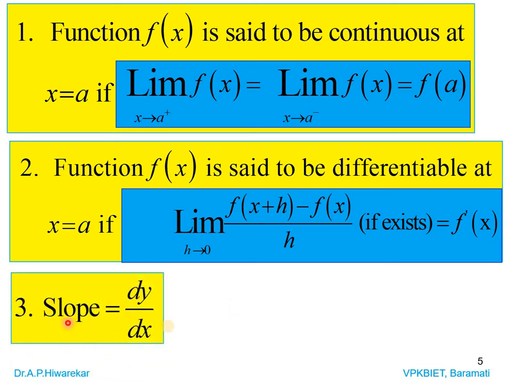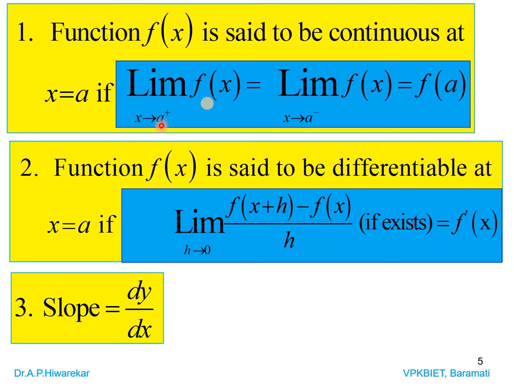And we know this very standard result: the slope of a function y equal to f(x) is given by dy by dx. This result also we are going to apply. So there are three standard results you need to remember. First is continuity, meaning the left hand limit of the function is equal to the right hand limit of the function at that point, and that is equal to the value of the function at that point. Then the function is said to be continuous at x equal to a.